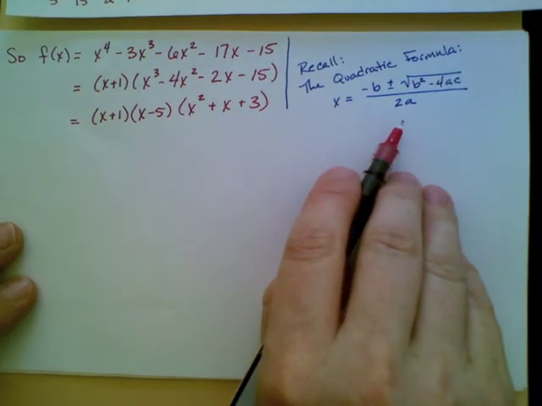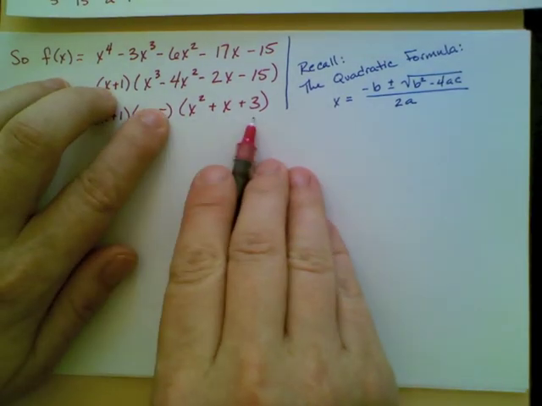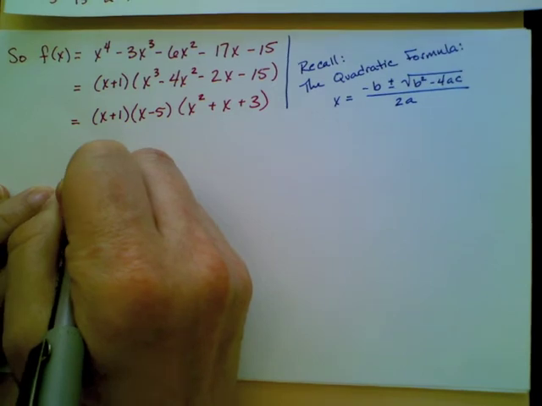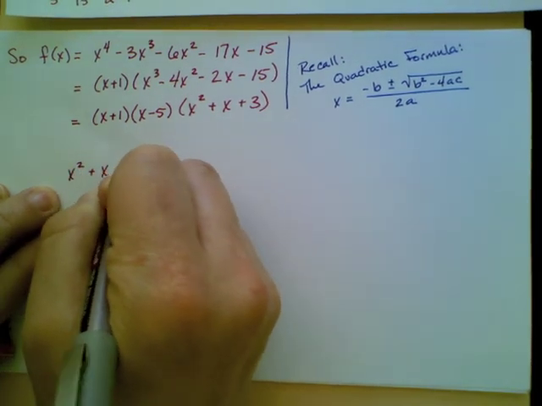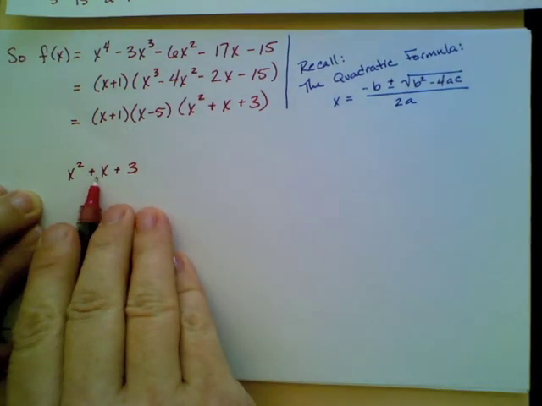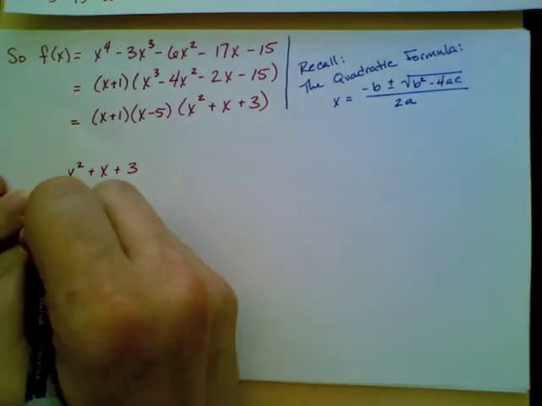So I'm going to use that on this, and I'll just pull out my quadratic factor here. So a is 1, b is 1, and c is 3.